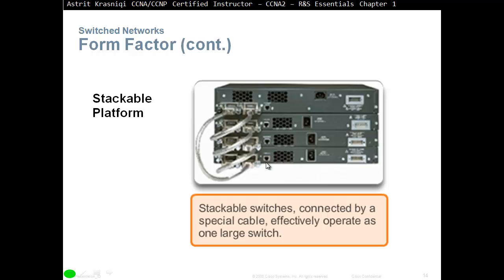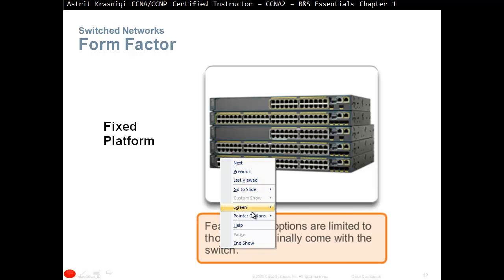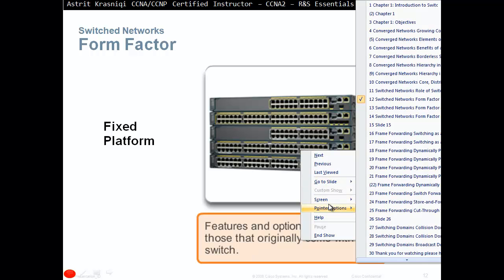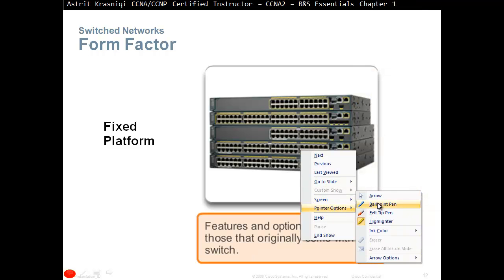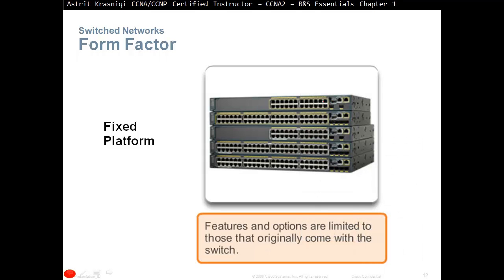For example, let me go back to this slide here. If you want to connect these switches together, these are not stackable switches, so they don't have a port at the back to connect them. You're going to have to connect this port to this port. So if I can have a marker, yeah, highlight. So this port, for example, you connect into this port, and so you just lost 2 ports.